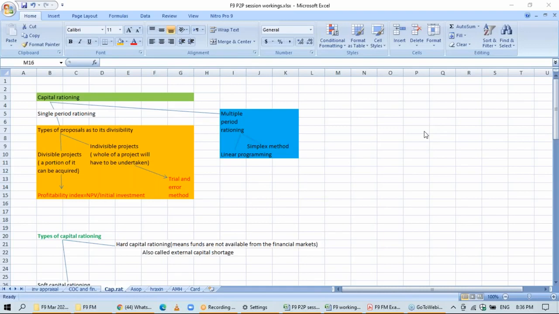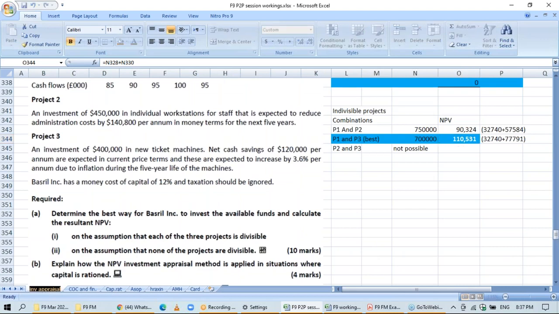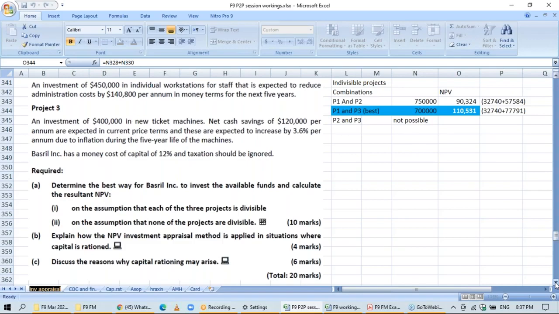Moving on to the next part, I'm reading the next part of this question, part C. Discuss the reasons why capital rationing may arise, the reasons why the fund shortage arises.